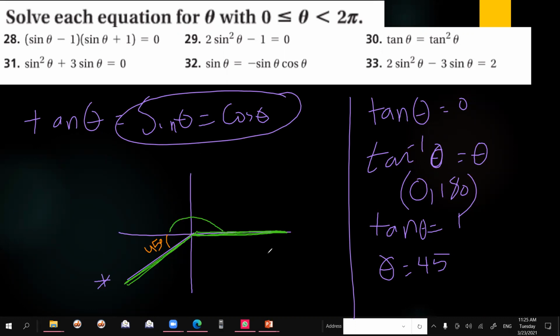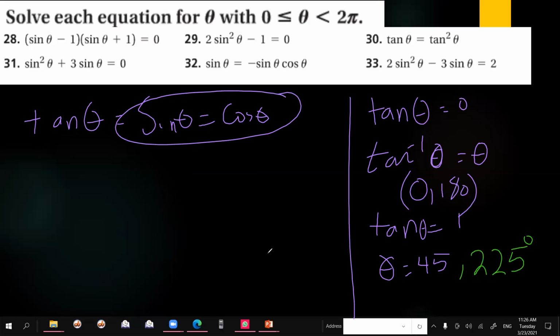So that means it's 180 plus 45, which is 225. So now the angles whose tan is 1 are 45 and 225, and the angles whose tan is 0 are 0 and 180.